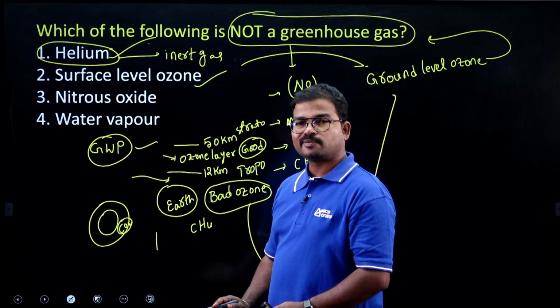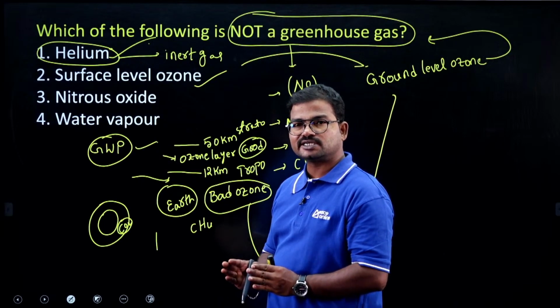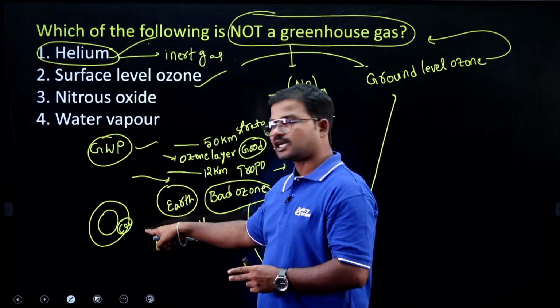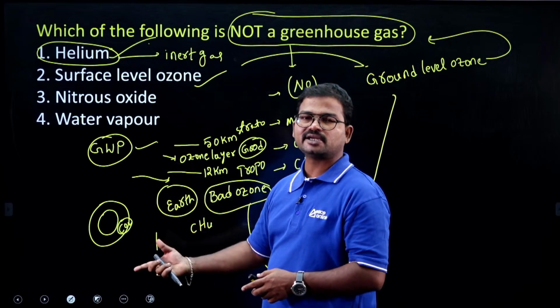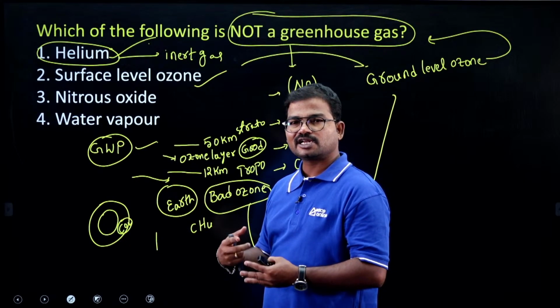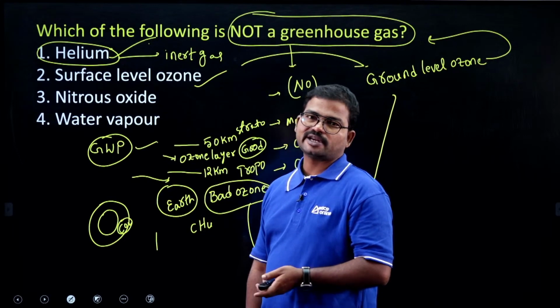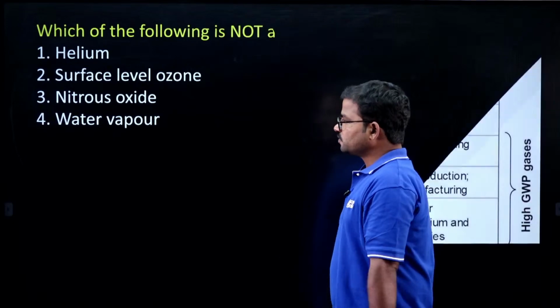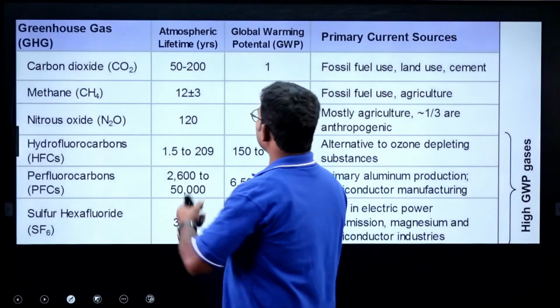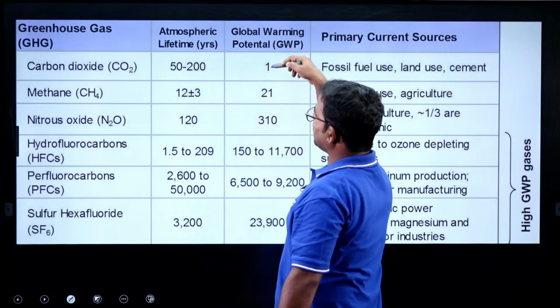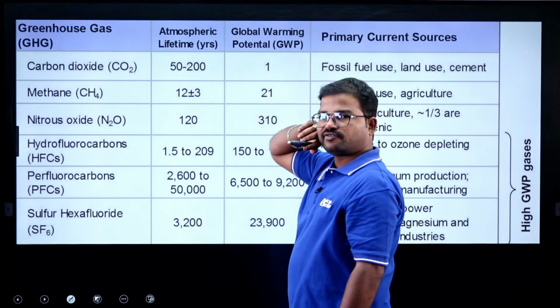In global warming potentials, the standard is carbon dioxide. We always compare different chemical constituents' temperature-raising effect with carbon dioxide. For 100 years we consider the effect of global warming.